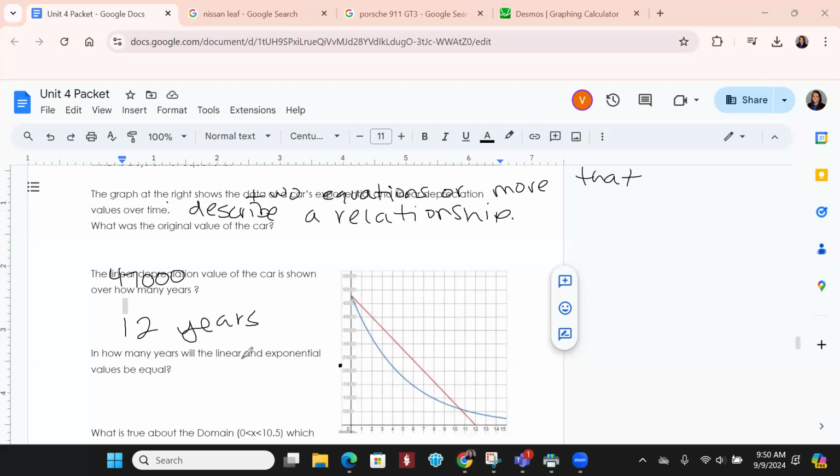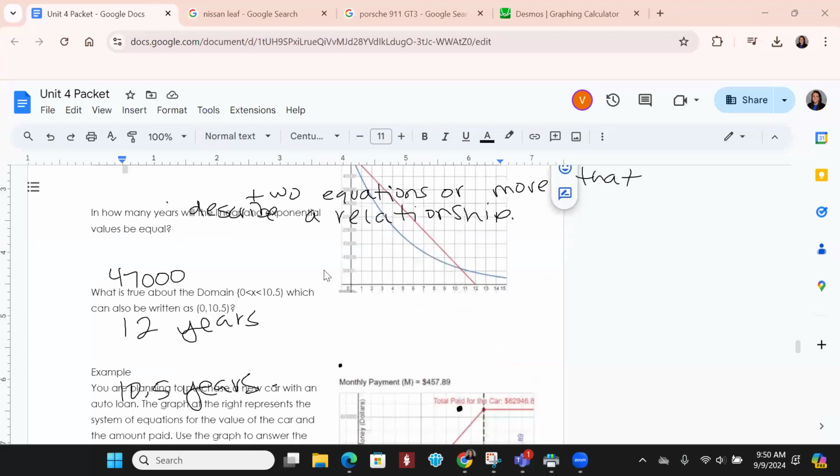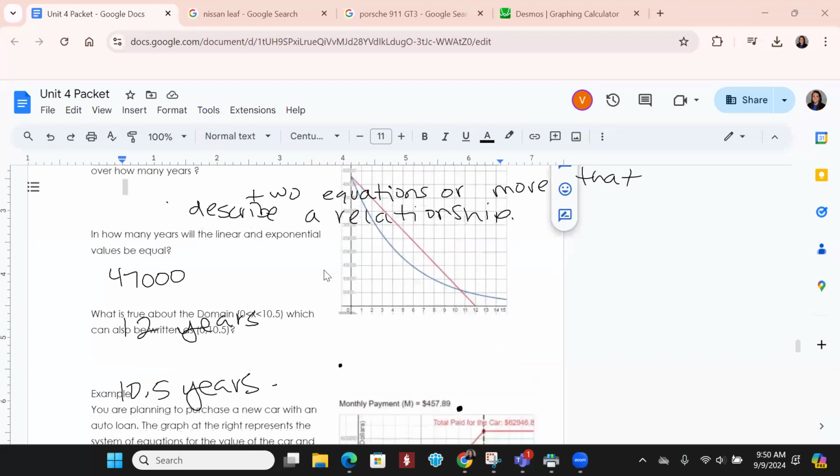In how many years will the linear and exponential values be equal? Where do they cross over? About 10.5 years. What is true about the domain from 0 to 10.5?